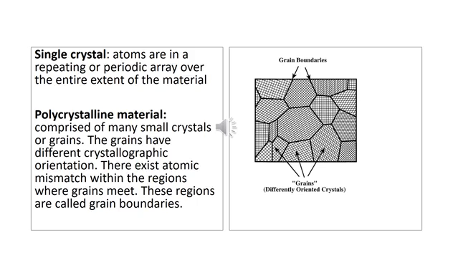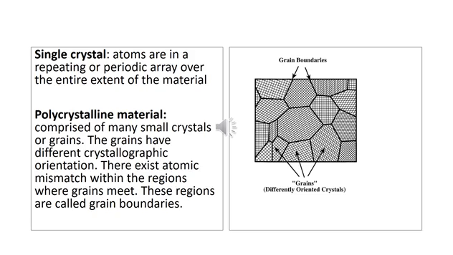A single crystal has atoms in a repeating or periodic array over the entire extent of the material, and this is what is usually used for characterizing and determining the atomic structures of materials using single crystal microscopy. We have polycrystalline materials.